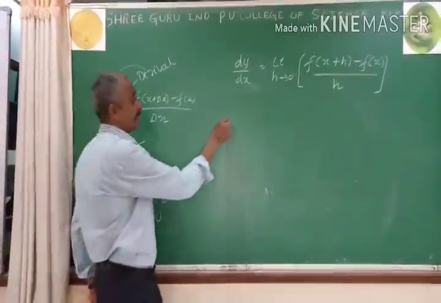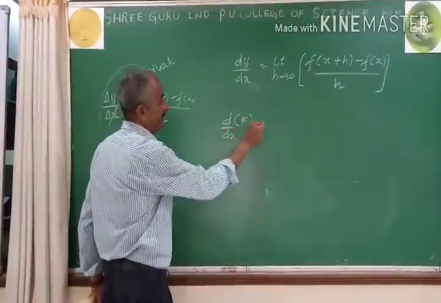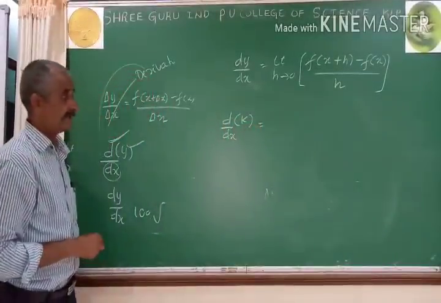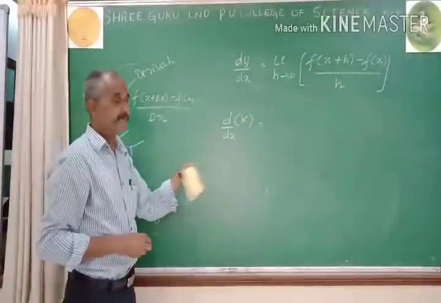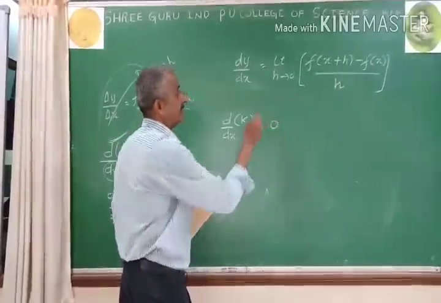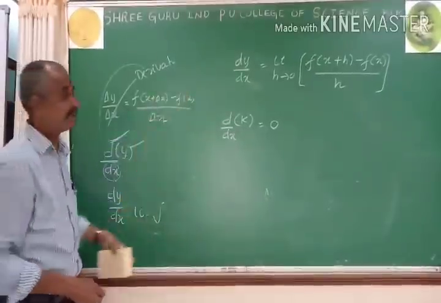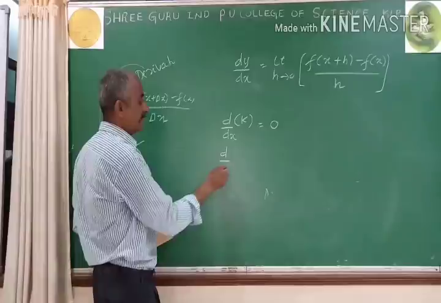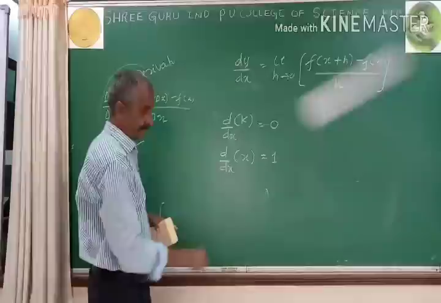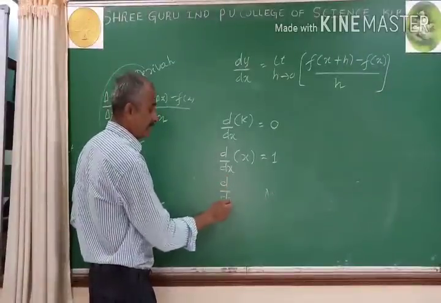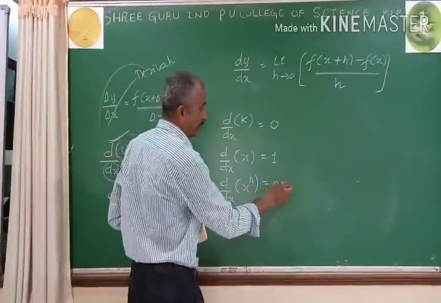Recall from PUC first year, we saw that d by dx of constant k, nothing but differentiation of k with respect to x, has value 0. Similarly, d by dx of x is always equal to 1. Similarly, d by dx of x to the power of n is equal to n into x to the power of n minus 1.